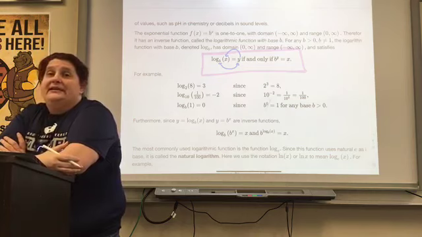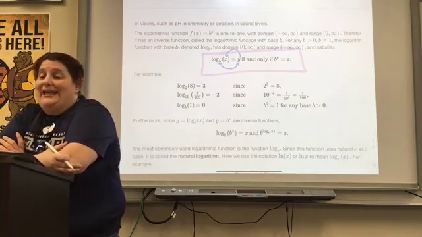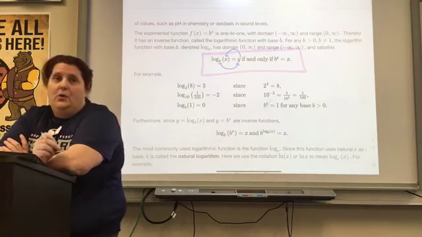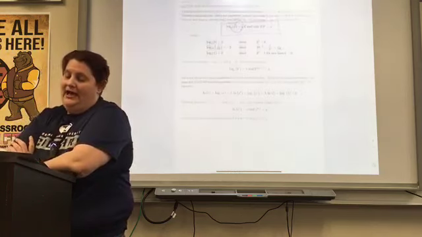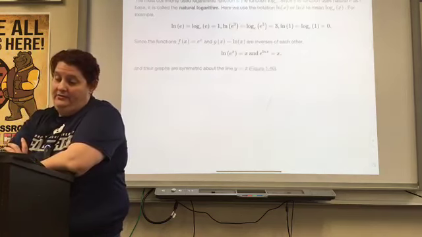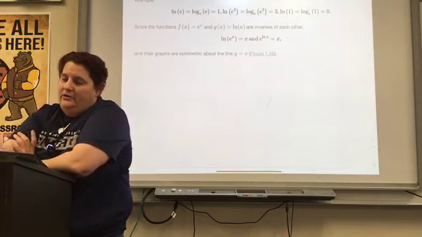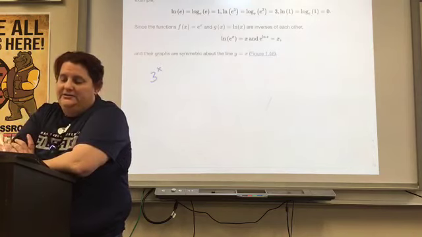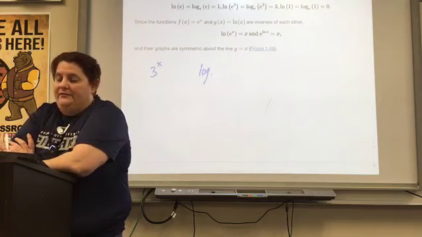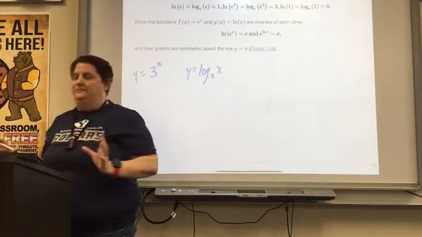It's crazy. The logarithm is an inverse of e to the x. When I teach how to graph a logarithm, I'm going to graph 3 to the x, and then I want you to graph log base 3 of x. You guys should be able to do that no problem.